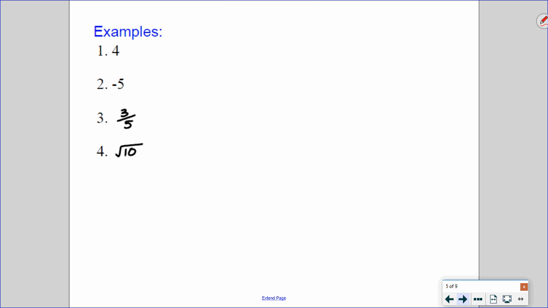Okay, so let's look at some examples. Here we want to list all the subsets that the number belongs in. So for instance, 4 is a counting number. It's a natural number, right? Which means it's also a whole number, which means it's also an integer, which means it's also rational, and it is, of course, a real number. Okay, now, -5.